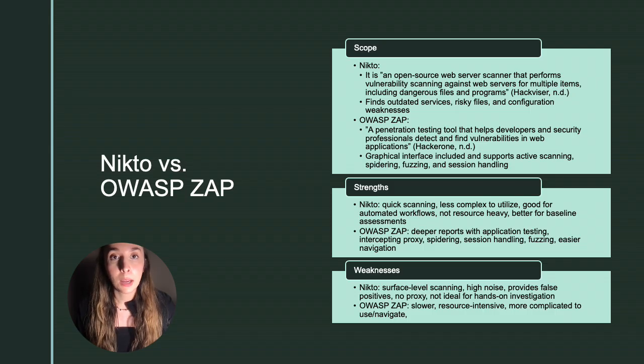The last thing I would mention is that there is an option to utilize both, since they can each contribute their own strengths that can be beneficial to an organization overall. For instance, Nikto is very successful at detecting basic server vulnerabilities quickly, while OWASP ZAP digs further and offers hands-on analysis of web application weaknesses.